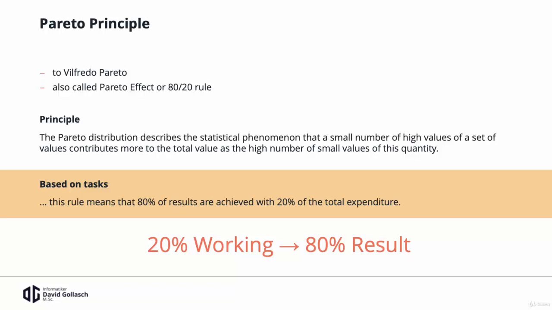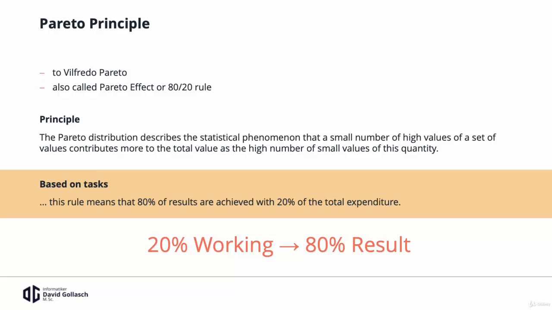The principle is that the Pareto distribution describes a phenomenon where only 20% of the effort you are putting in, or the resources you are putting in to achieve a certain goal, a certain result, are responsible for 80% of the actual result.